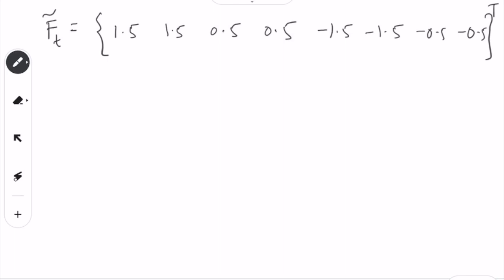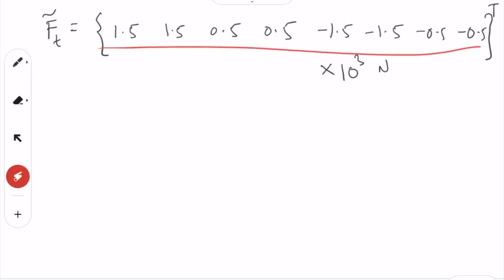And we know that this is in kilonewton, so we multiply all of them by 10 to the power 3 newtons. So we got forces because of this also.